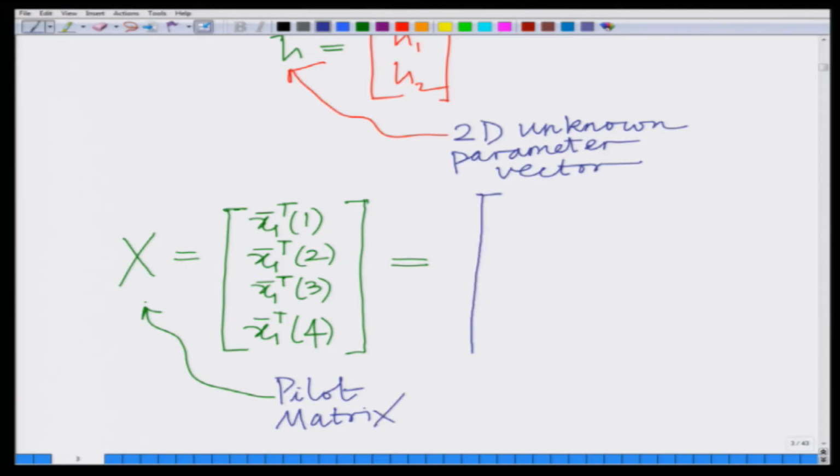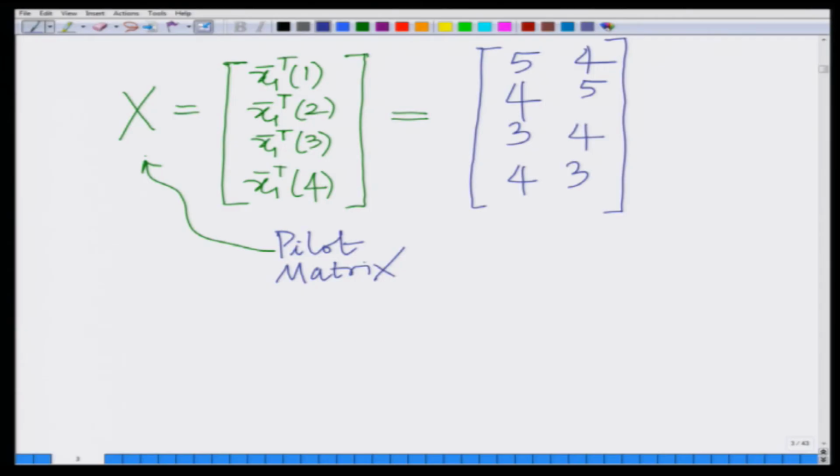From our formulation of the multi antenna channel estimation, x1 bar transpose is 5 comma 4, x2 bar transpose 4 comma 5, 3 comma 4, 4 comma 3, and as you can see, this is basically a 4 cross 2 matrix, or basically n cross m.